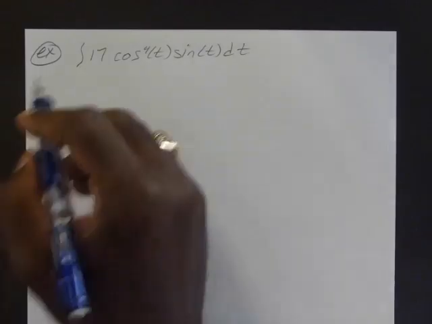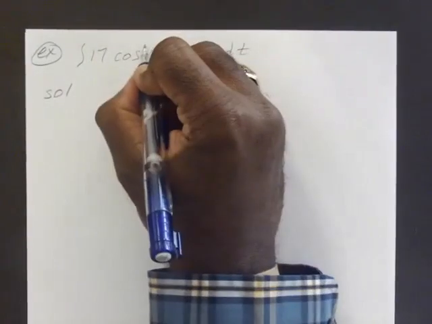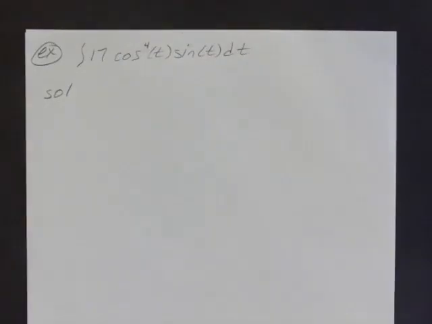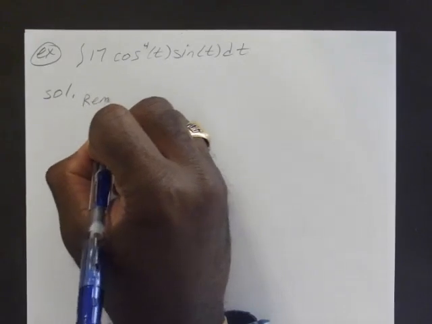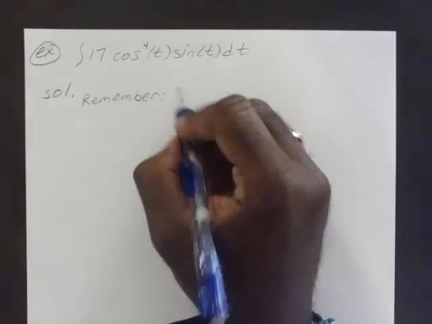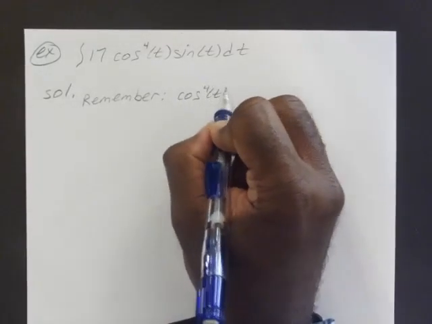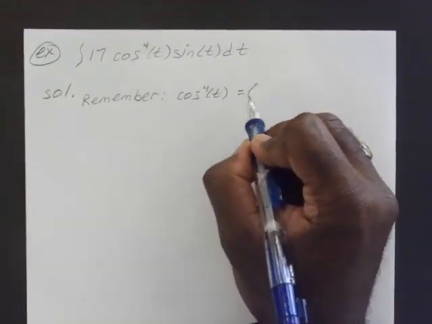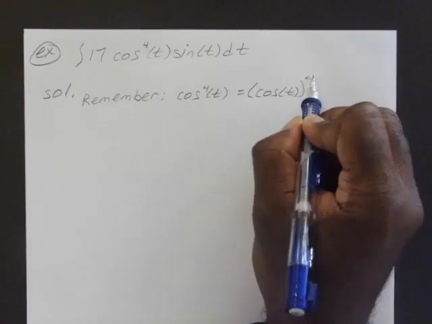Okay, so for this one, or any problem like this, let me make that 4 a little higher up and smaller. Here we go. For this one, you just want to remember that you can rewrite that cosine fourth of t, that's the same as saying cosine of t to the fourth power.